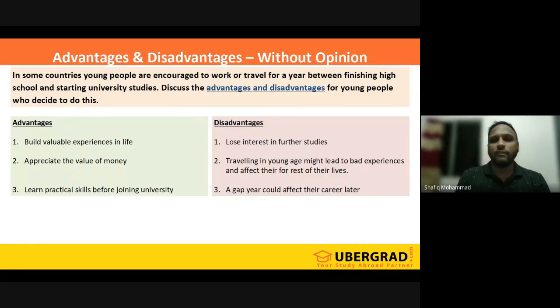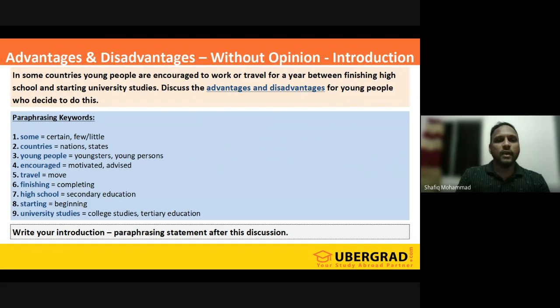First, the introduction. How will you convert it? You need to use these words. I'm giving you a few minutes to construct an introduction from these words. Don't construct it word to word like that, but I want you to construct a meaningful sentence.